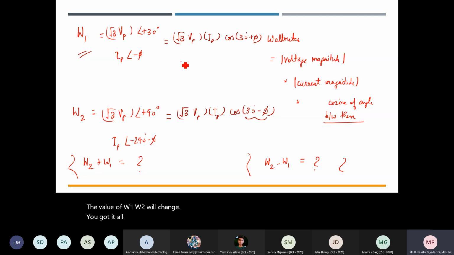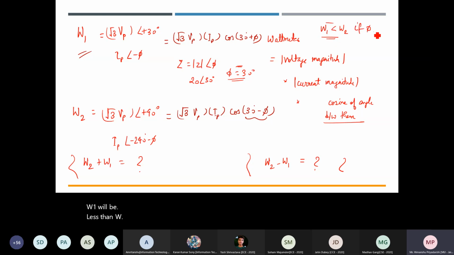For example, your Z is mod Z angle phi. Let us say 20 angle 30 degree. So phi is 30 degree. Okay. So in that case, W1 will be less than W2. Yes or no? You agree with me or not?